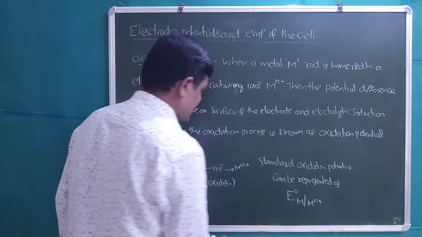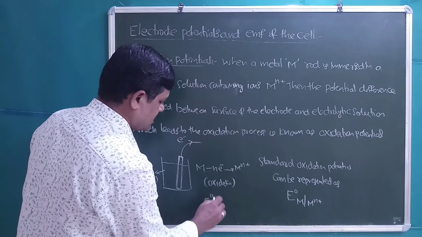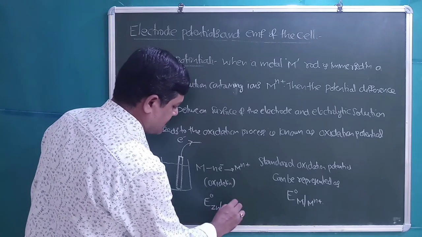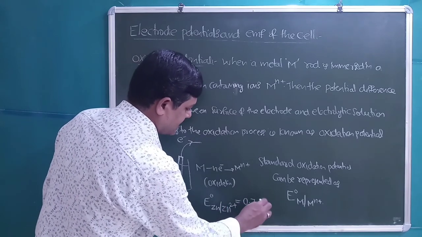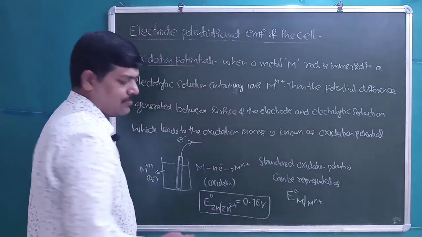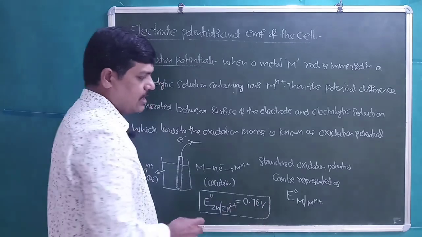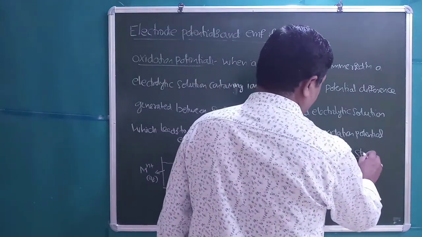For example, if it is zinc, then the oxidation potential we can represent as E naught Zn/Zn2 plus, which has a value of 0.76 volts. And this refers to the standard conditions.